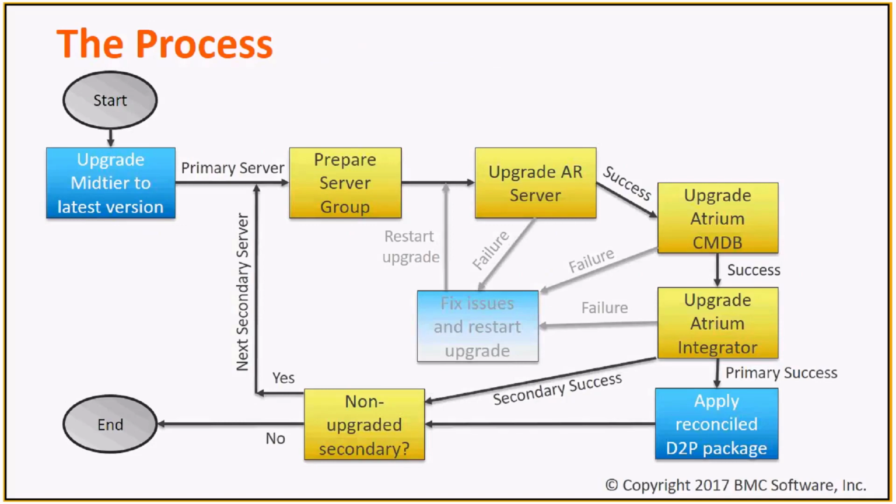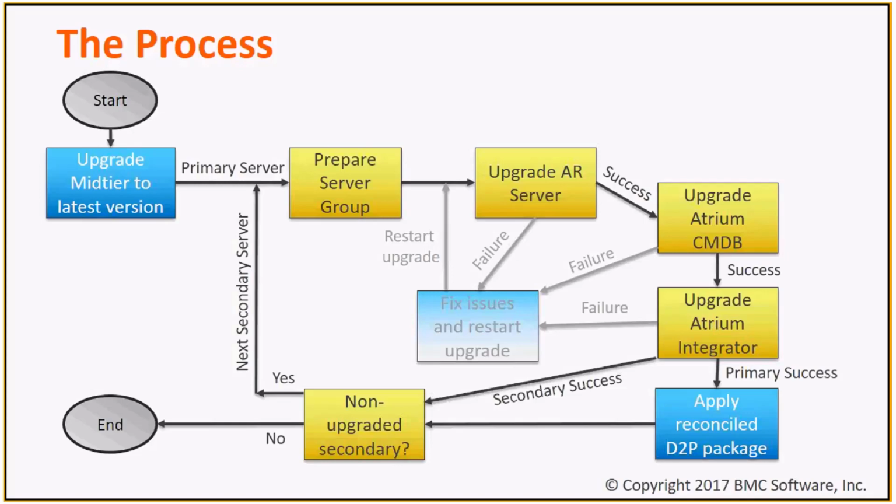Once you're ready for your primary to be upgraded, you will first upgrade AR server using standard AR SuiteKit installer. There is no other prerequisite. Everything is taken care of, automated. Once your AR server is upgraded, you use your standard Atrium CMDB installer to upgrade Atrium CMDB on the same primary server.